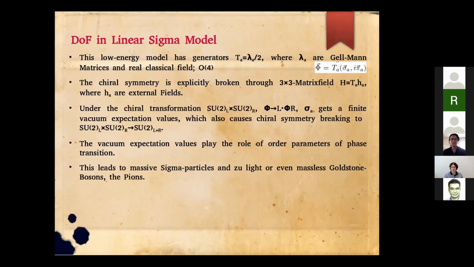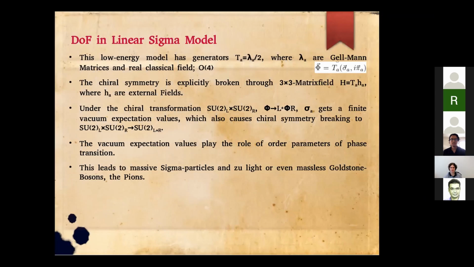Under the chiral transformation, SU(2) left, SU(2) right, we get this transformation where this sigma_a gets a finite vacuum expectation value. This expectation value also plays the role of an order parameter of the phase transition. Also, this finite expectation value leads to massive sigma particles and to some even light or even massless Goldstone bosons, which are the pions.